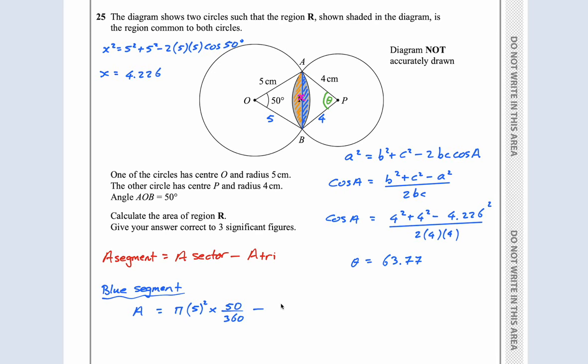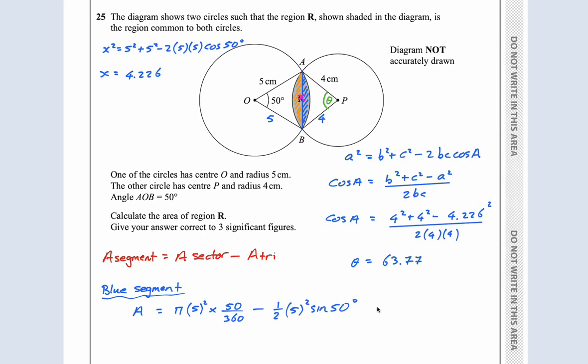Area of triangle is a half ab sine C, or a half times 5 squared times sine 50 degrees.